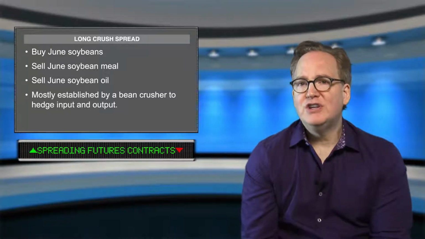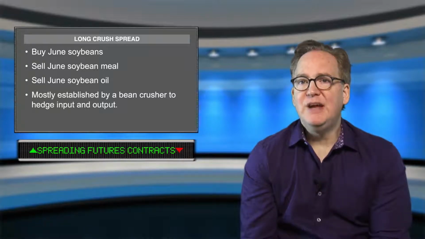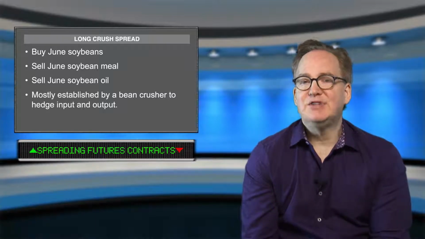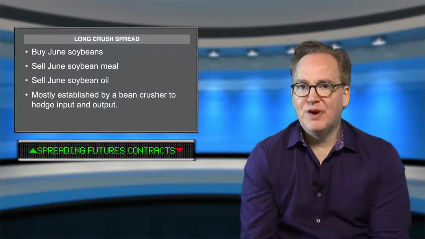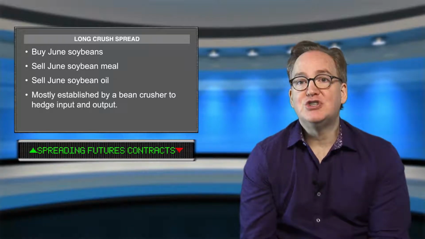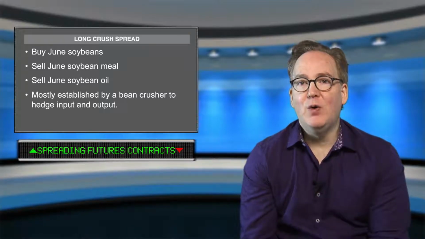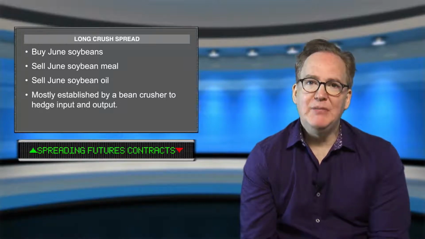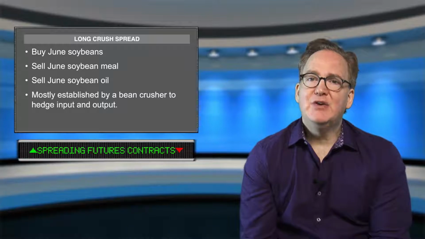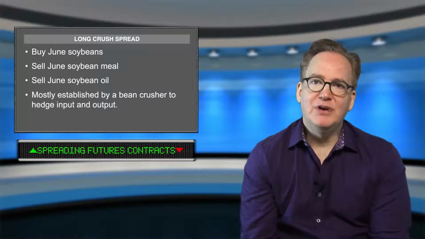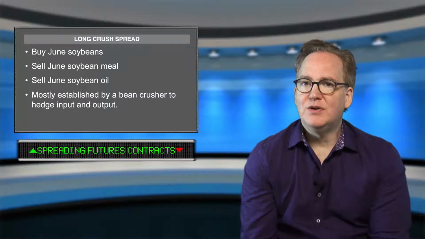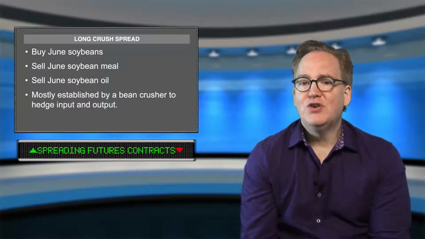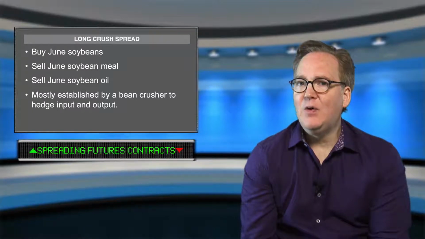It's called the crush spread because bean crushers effectively take soybeans and subject them to an enormous amount of pressure, extracting or squeezing or crushing out the oil, and what remains is soybean meal. So bean crushers have an input of the raw or natural soybeans, and they crush them or turn them into meal and oil.